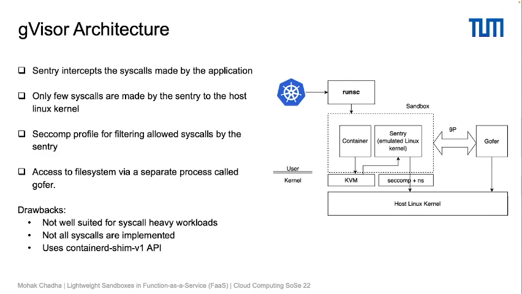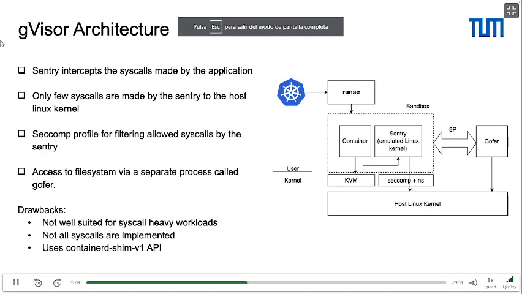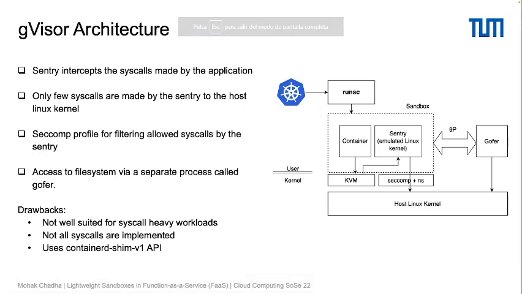So the idea is that all the system calls which are made by the user container are intercepted and processed by the sentry, right? This is like the first layer of isolation. And then the sentry also has to make some system calls to the host, right?